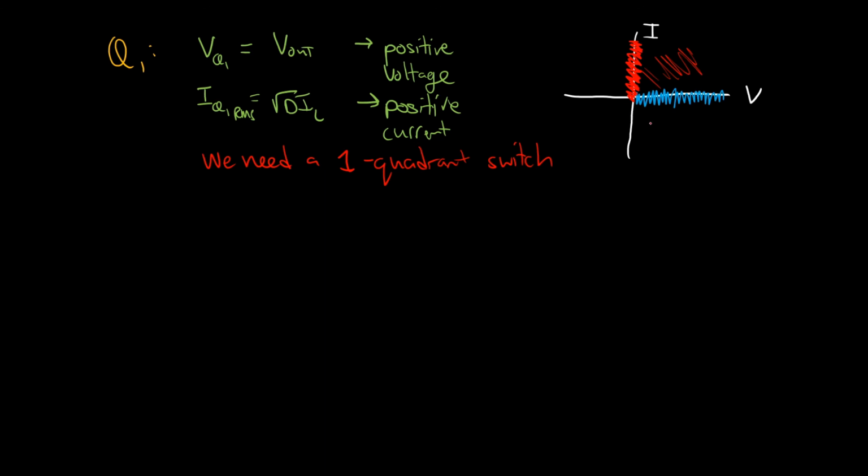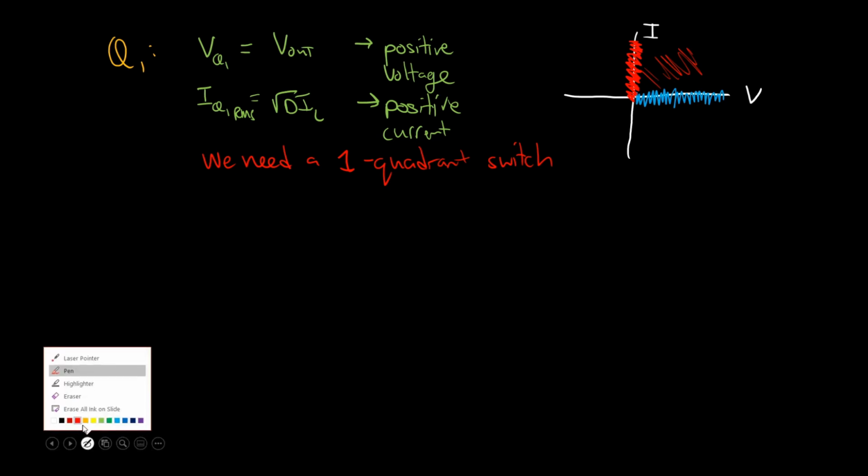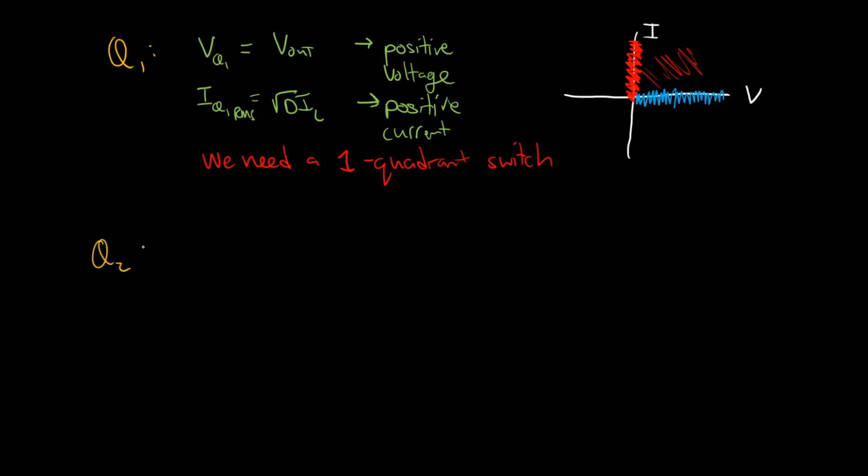Because it has restricted requirements on what it needs to do, it's a bit easier to implement. So we just need to find a device, and we'll talk about devices later, that is able to conduct positive current and block positive voltage. When we find that device, we can just stick it in. Cool. So that's Q1.